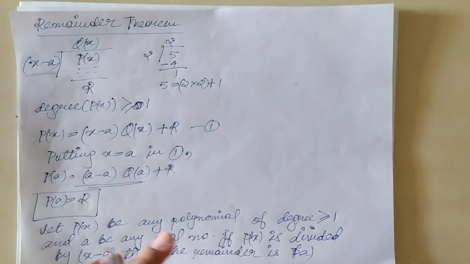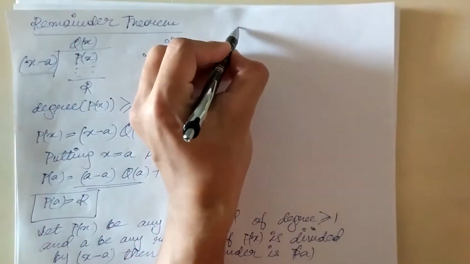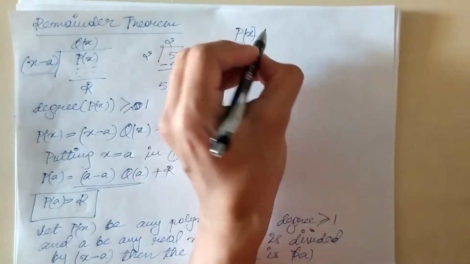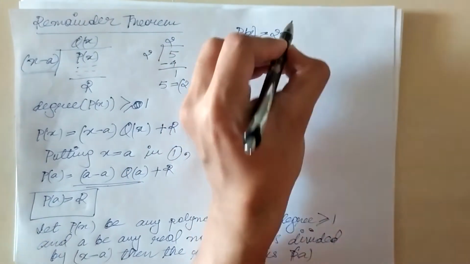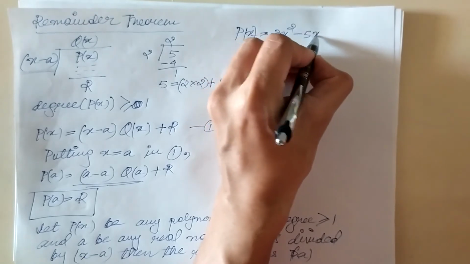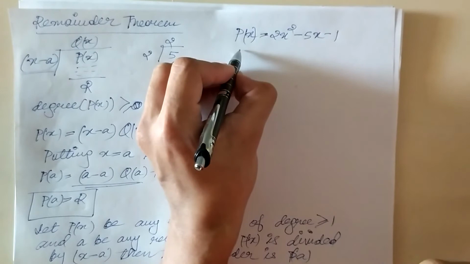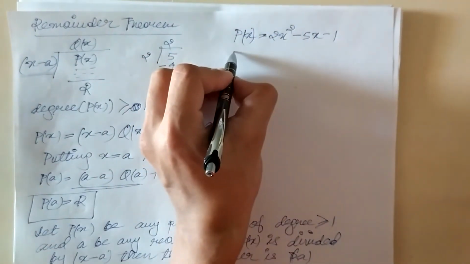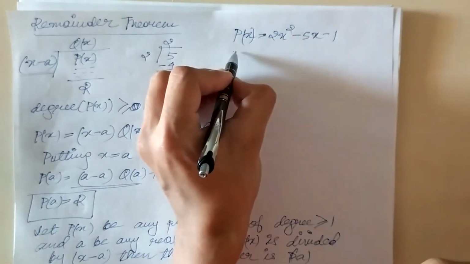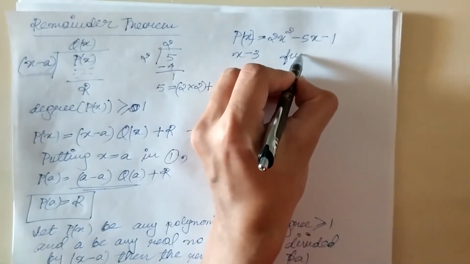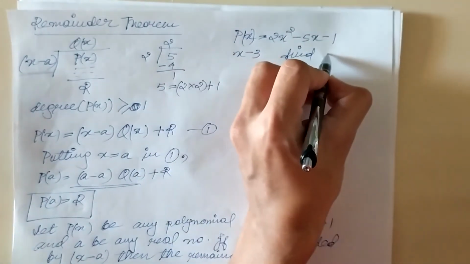Given p(x) is equal to 2x square minus 5x minus 1, and this polynomial is to be divided by x minus 3, then find the remainder.